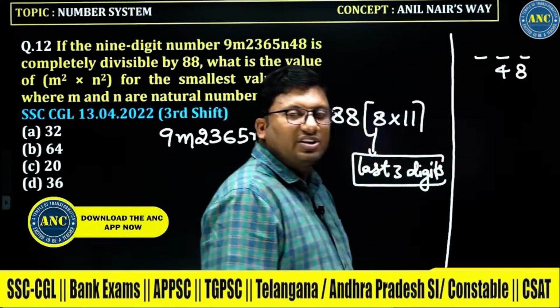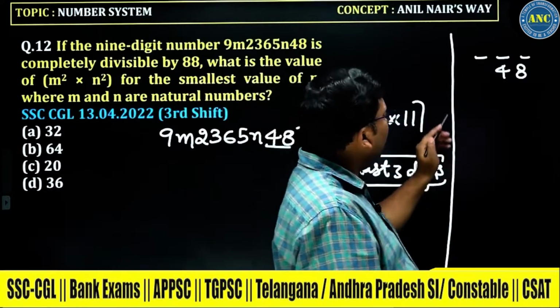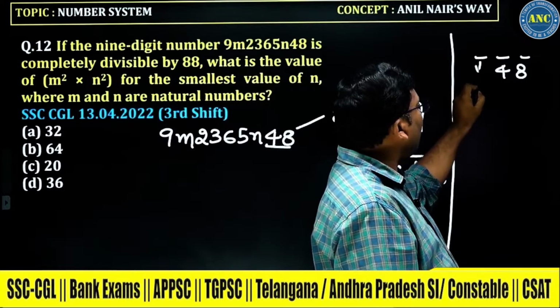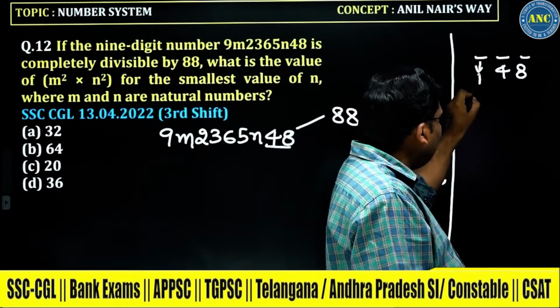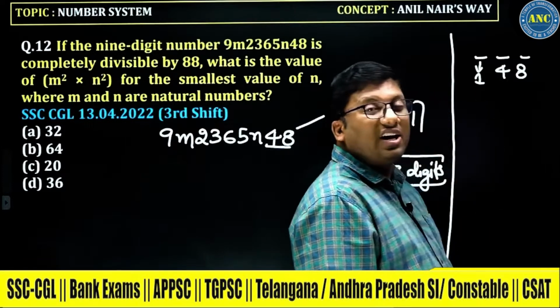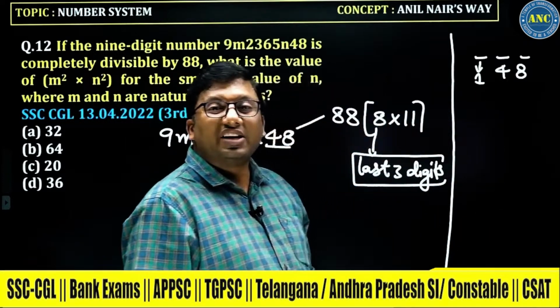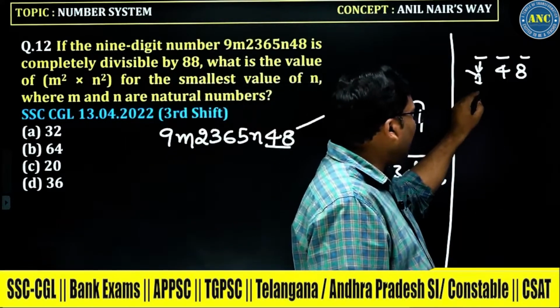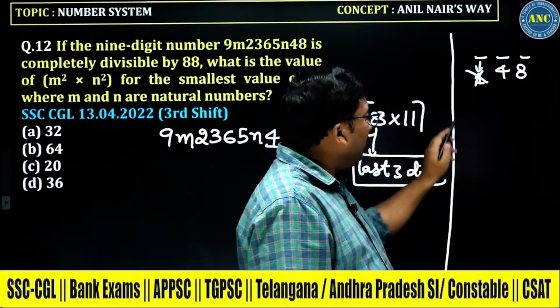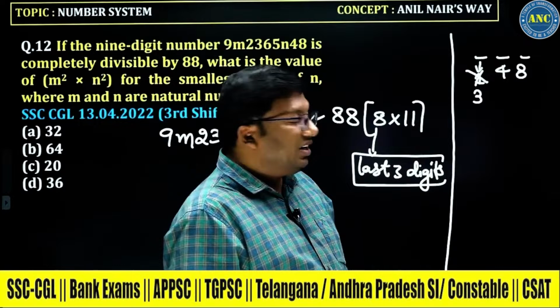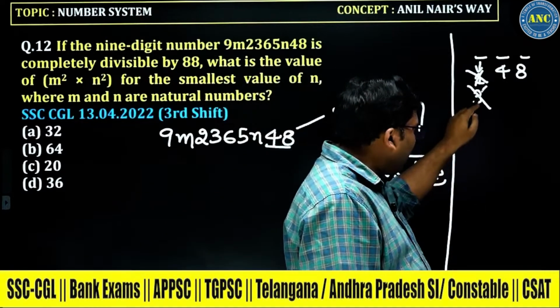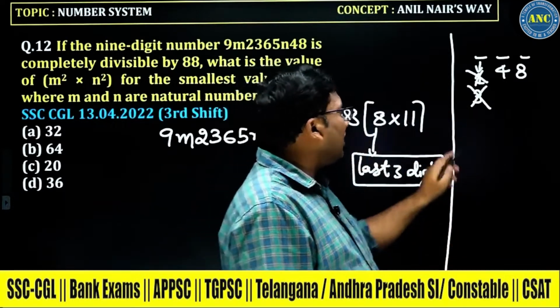Now if you see here, if I keep either an odd digit or an even digit here. Suppose I keep an odd digit 1: 8 ones are 8, 58, 8 sevens are 56, 1 is not possible. Let me take 3: 8 fours are 32, 28, 8 threes are 24, 3 is not possible.